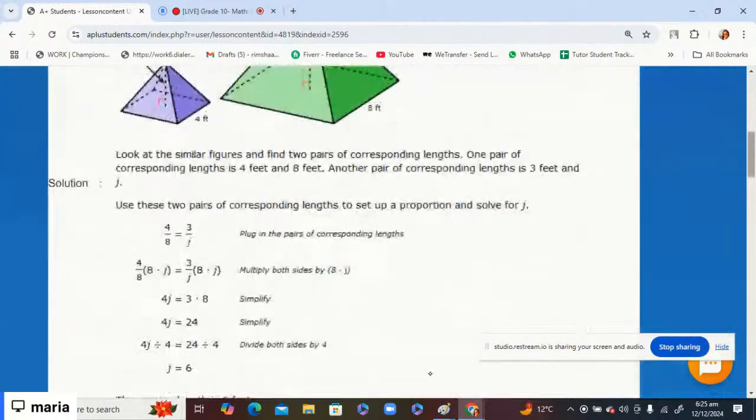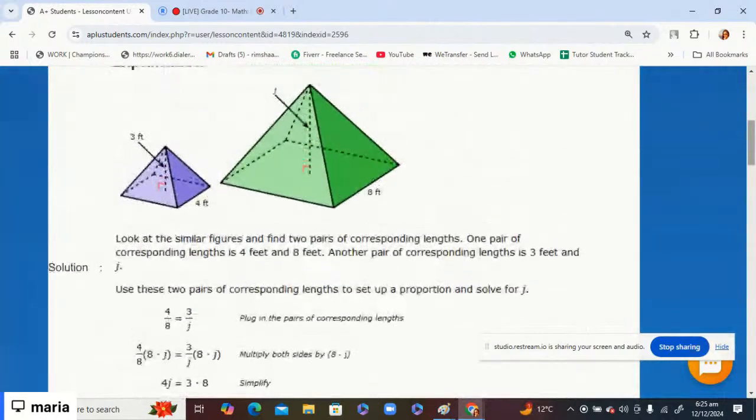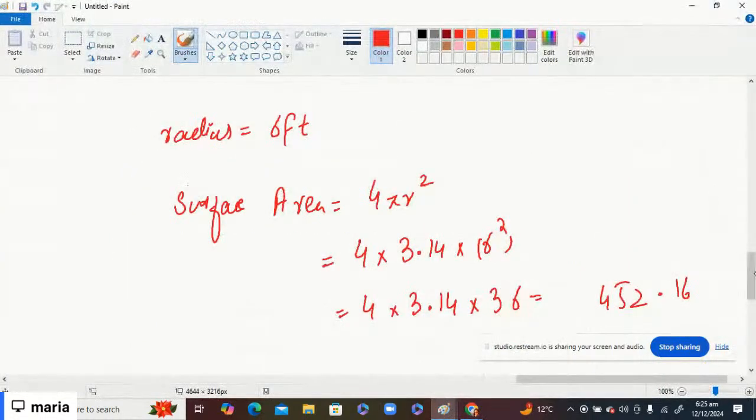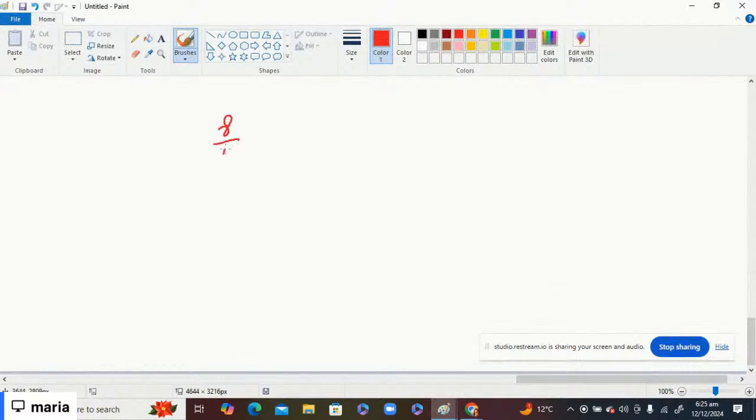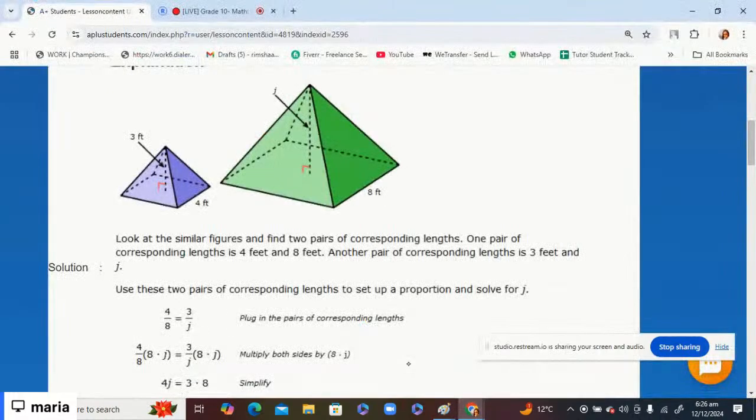But the other way is you are going to divide these lengths and these lengths. Okay, like how? Dividing the bigger lengths, like bigger length is 8 over 4, then you're going to divide the j over 3. Okay, like look at all the values. This is 8 over 4, 8 divided by 4, j divided by 3.